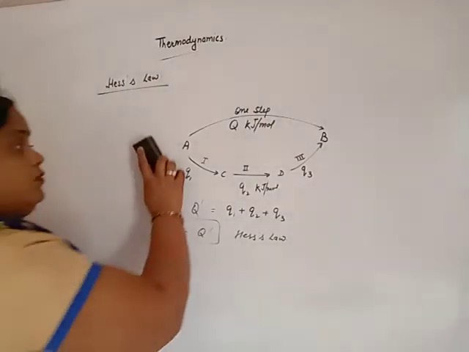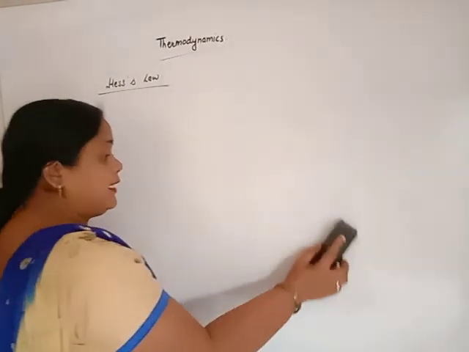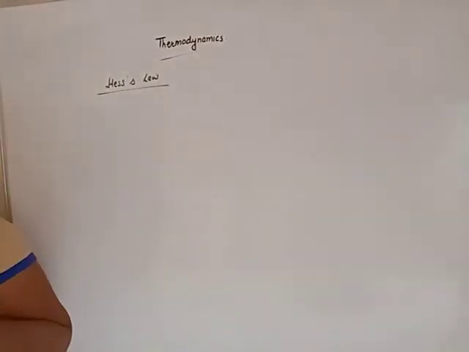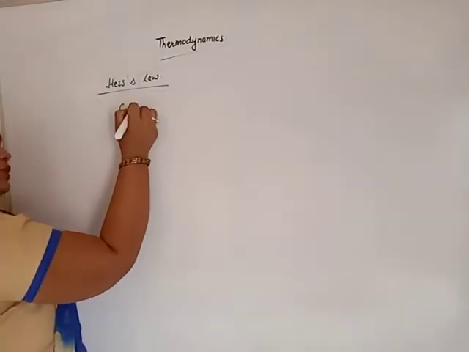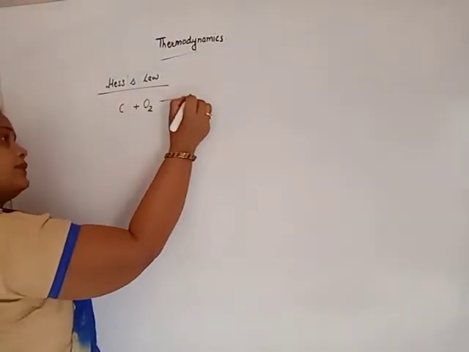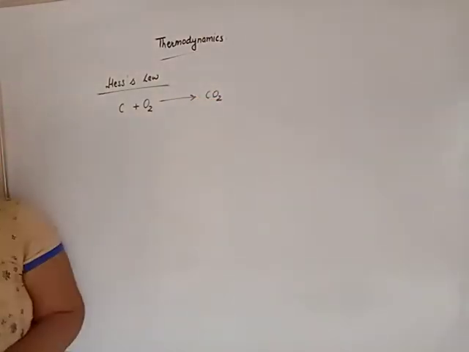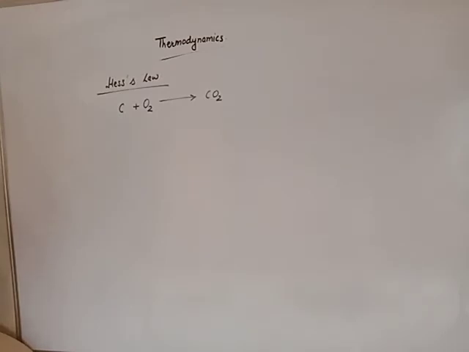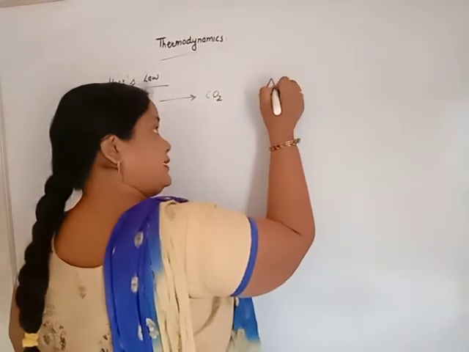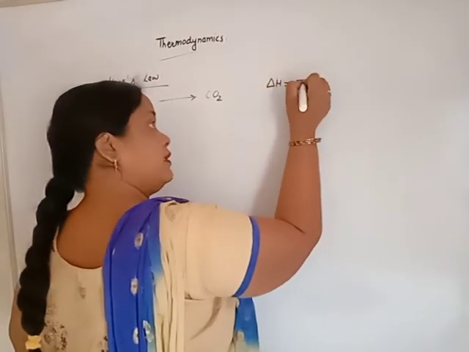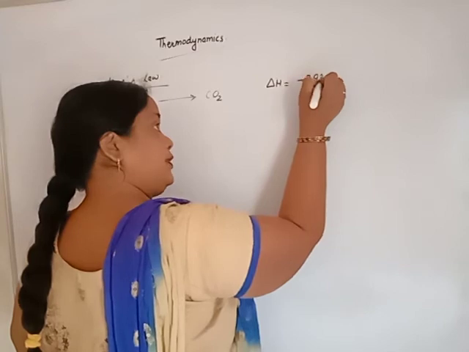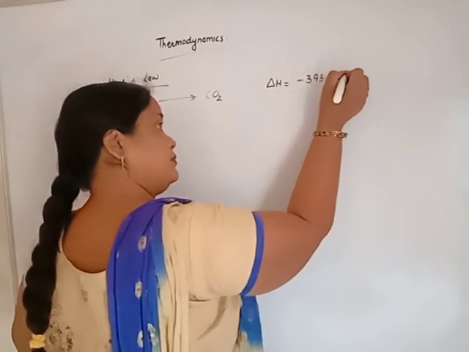Now the experimental verification. Suppose carbon is oxidized to carbon dioxide by release of energy of 393.5 kilojoule per mole.